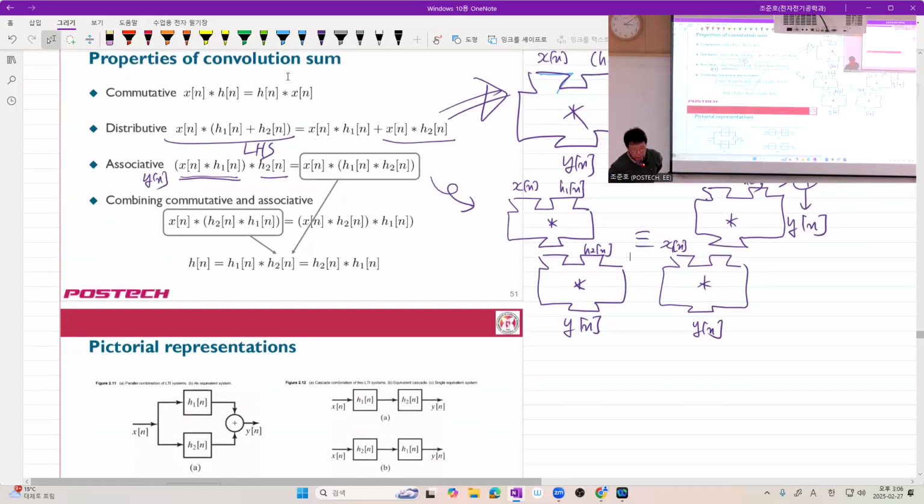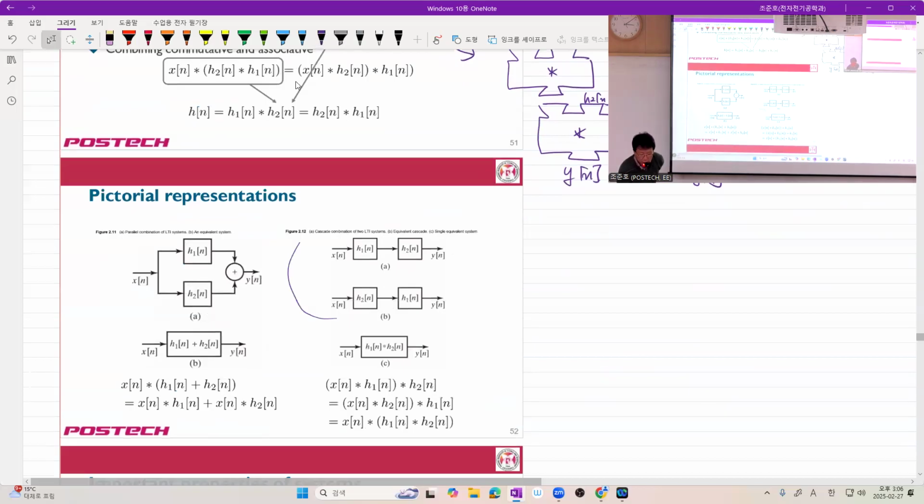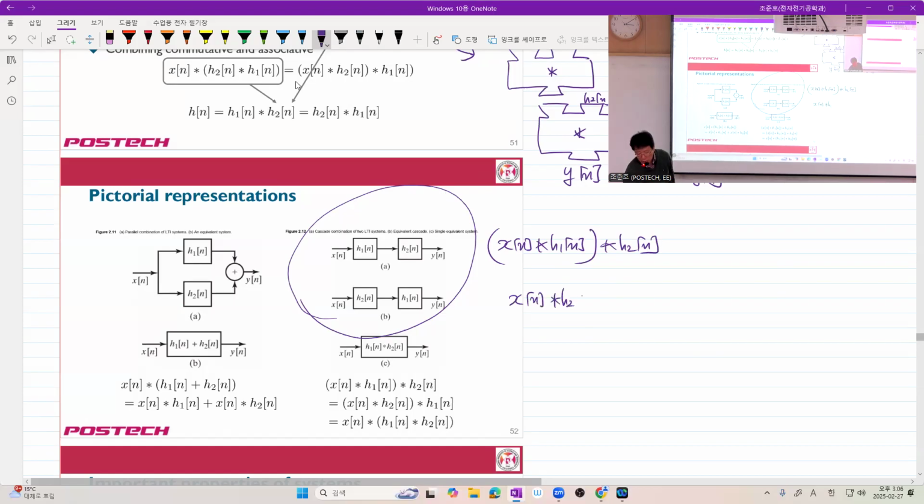So it's like this one. Suppose you have input X. Then you have a discrete time system with impulse response h1. Its output is applied to h2. Mathematically speaking, what is that? It's like x[n] convolved with h1 convolved with h2. And what is this one? x[n] convolved with h2 convolved with h1.